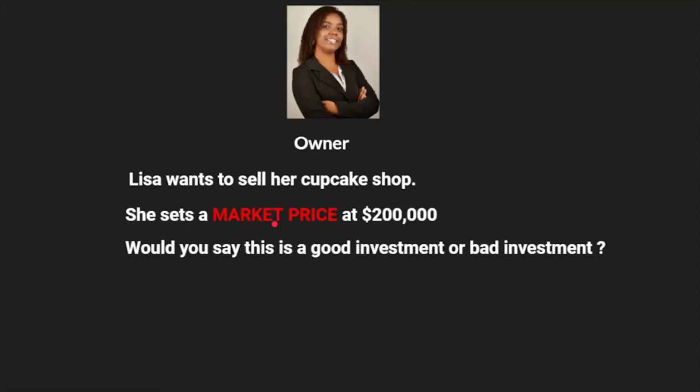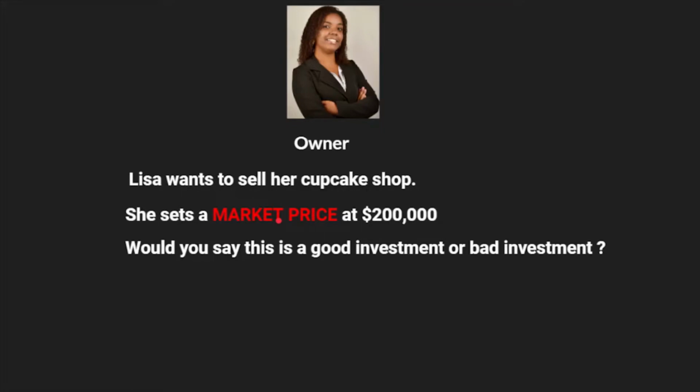Now let's say it's the end of the year and Lisa wants to sell this shop. So she sets a market price. If you remember from one of my shorts, the market price is the last price that a company or a stock is sold at on a trading day. She sets her market price at $200,000.